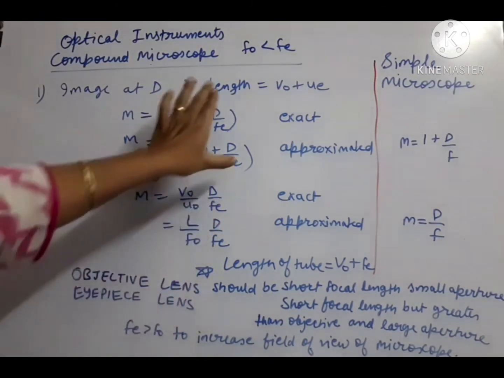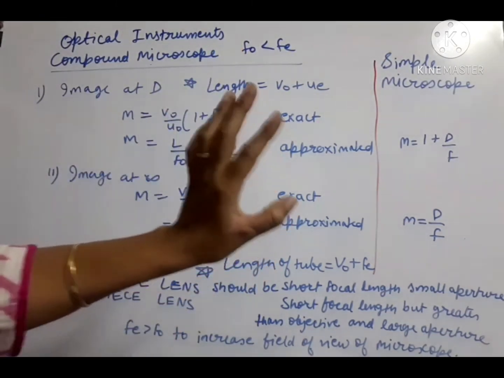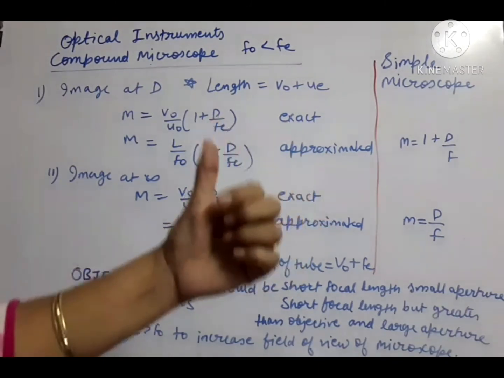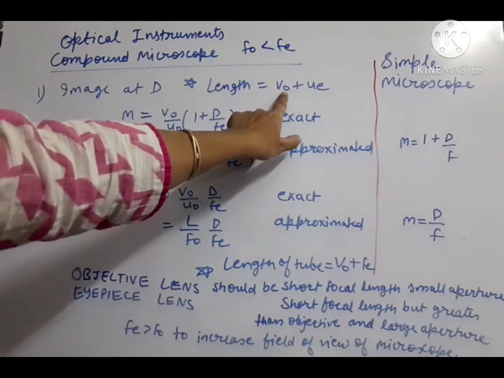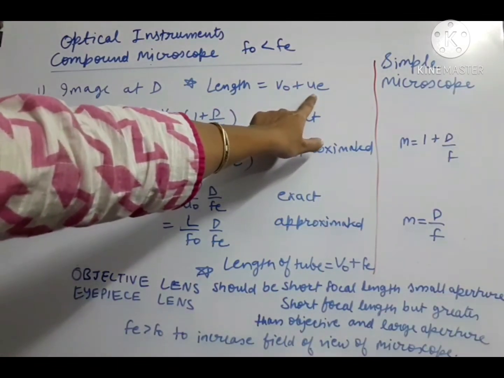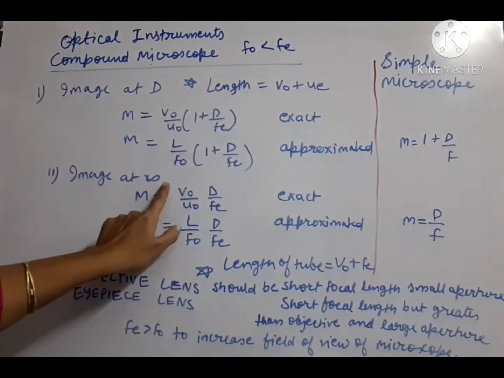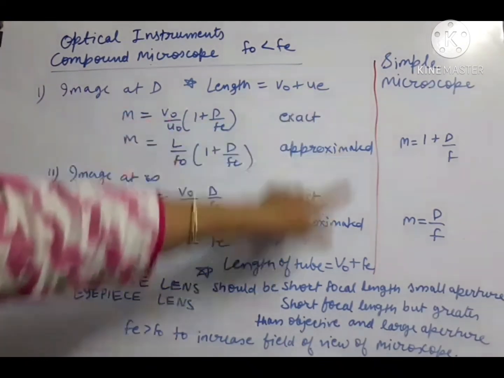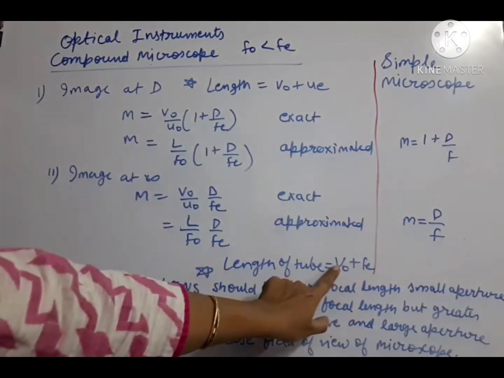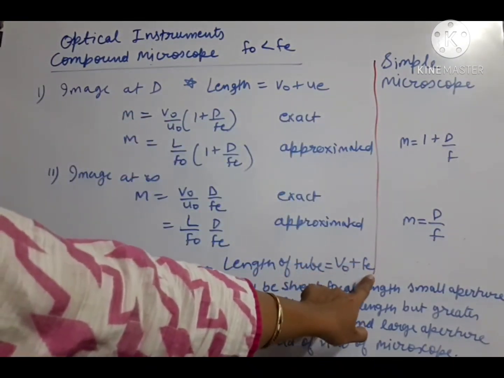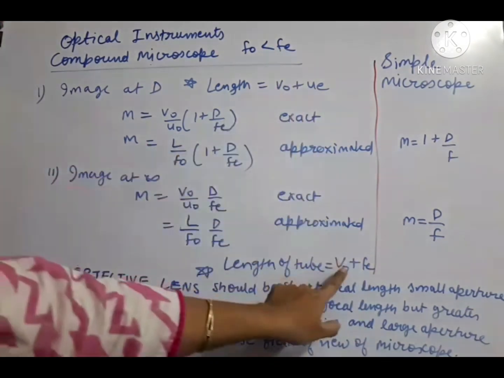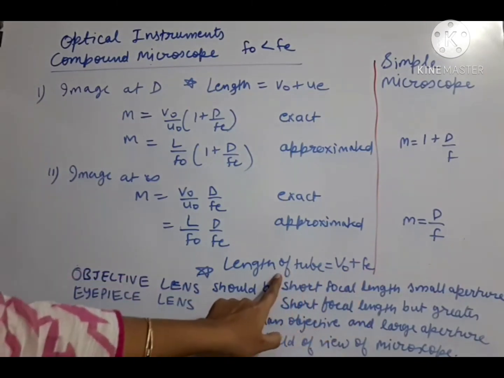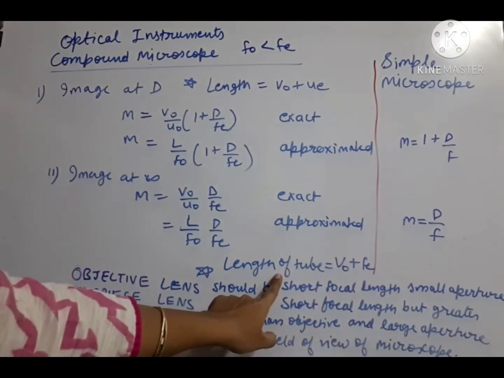If we compare the lengths of the tubes, length of microscope tube, length means objective और eyepiece के बीच का distance, यहाँ होगा VO plus UE which we have calculated D case में, और infinite case में UE actually FE है, इसलिए क्या हो जाएगा VO plus FE. You can go back and see the diagram. So here VO plus UE is length and here VO plus FE is the length. You may require these formulas for the numericals.